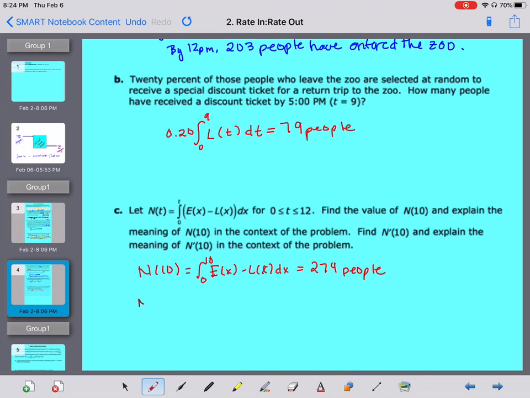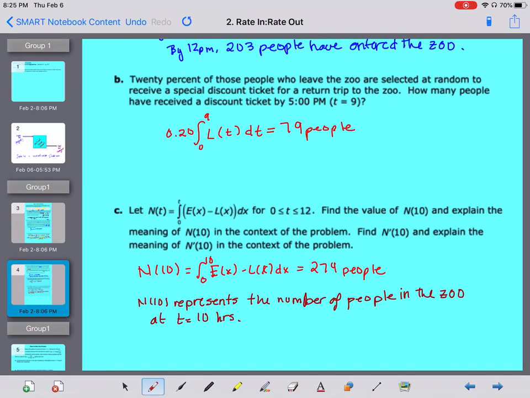So I would say something like n of 10 represents the number of people in the zoo at t equals 10 hours after opening. Okay. We could say this number is 274 people.